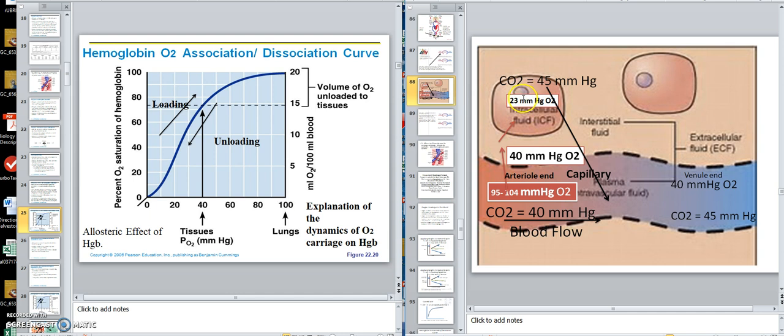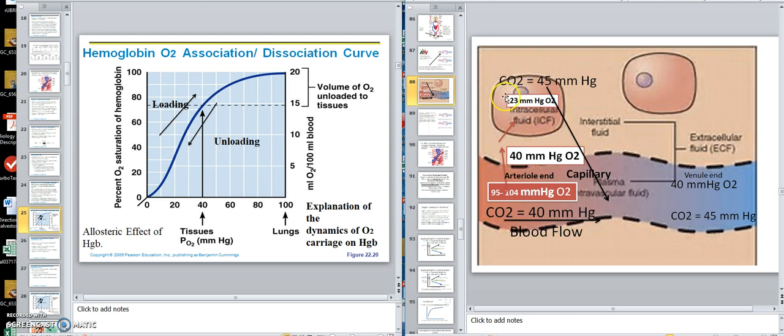If you are at 23 and you are at 40, then there's a diffusion gradient all the way down. Listen to me, a diffusion gradient all the way down. If you stay at 23, there's no room to throw another one off because the diffusion gradient would disallow it. So you opened up that second one, ready to come off, but it can't come off because it's too crowded already.